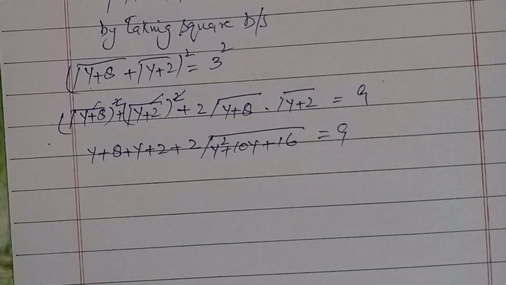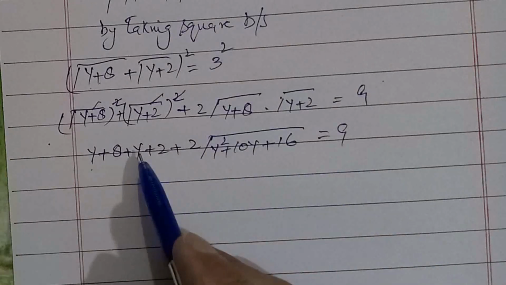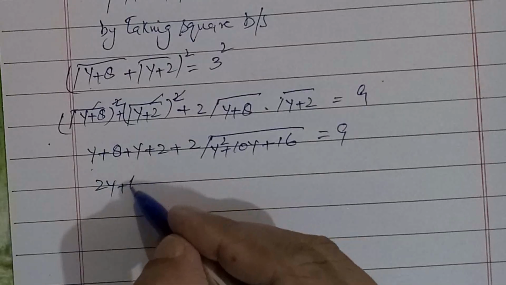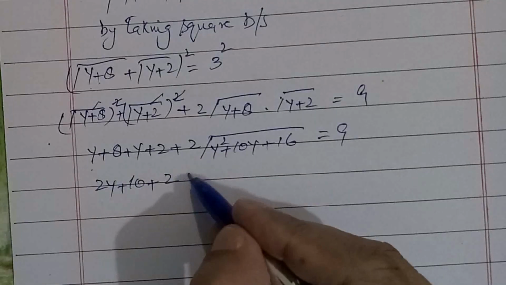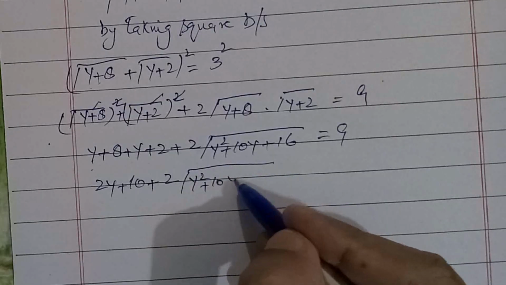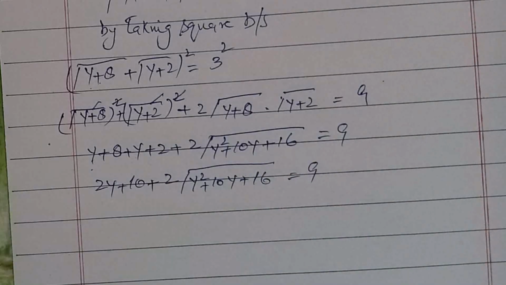Now we simplify: y plus y is equal to 2y, plus 8 plus 2 is 10, plus 2 times square root of y square plus 10y plus 16 is equal to 9.